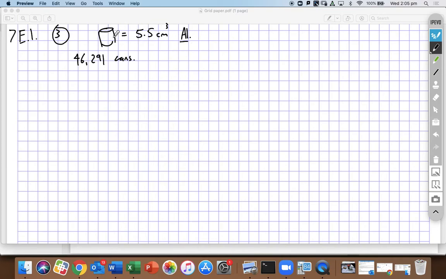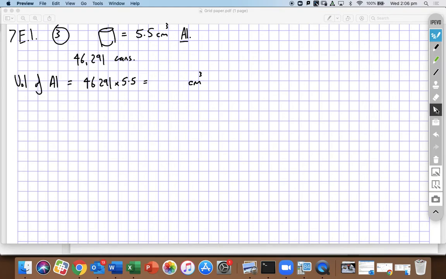If 1 can had 5.5, how much is there in 46,291 cans? You'd have to multiply, right? So the volume of aluminium is 46,291 cans times 5.5, and we'll get an answer, and the answer will be in cubic centimeters because that's the unit we started with.